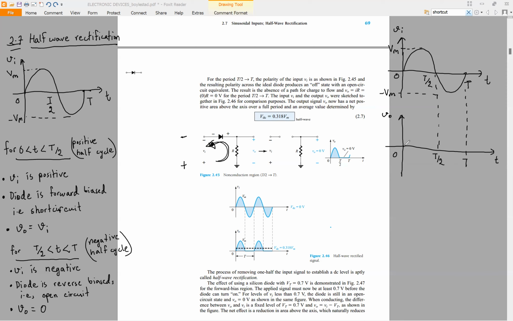V0 is equal to Vi in the positive half cycle, and in the negative half cycle, Vout will be 0. Because in the negative half cycle, we have seen that the diode is reverse biased, so all the voltage will be dropped across the diode. And this is Vm.